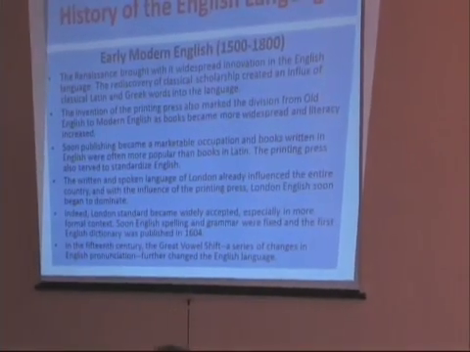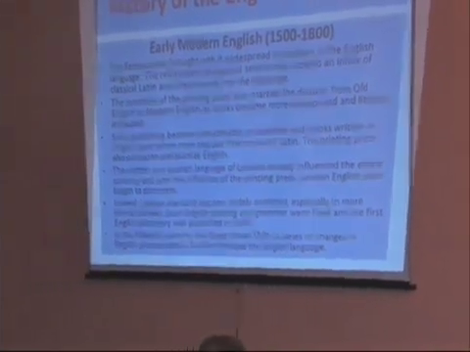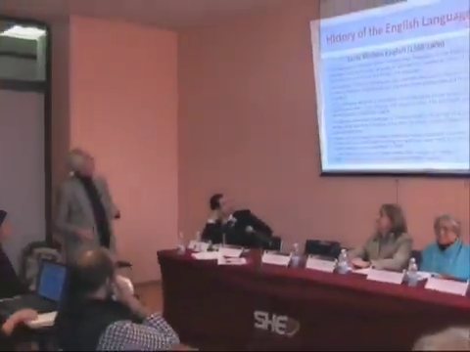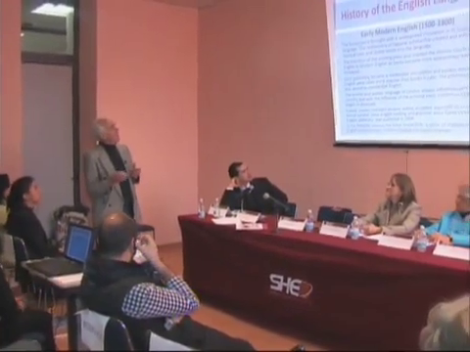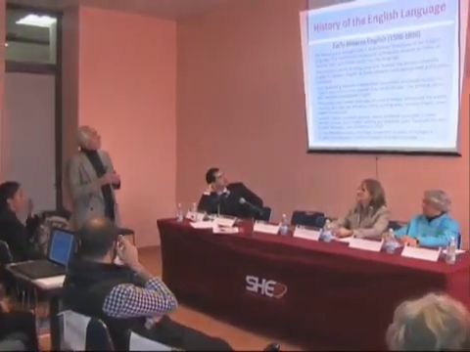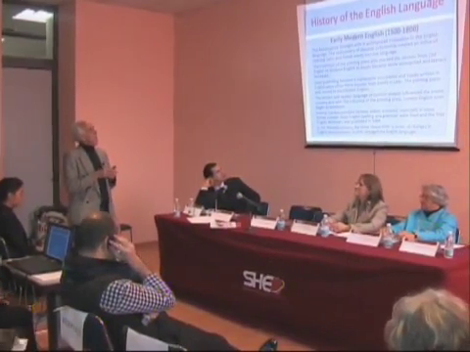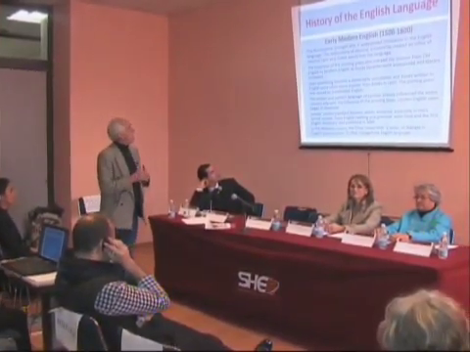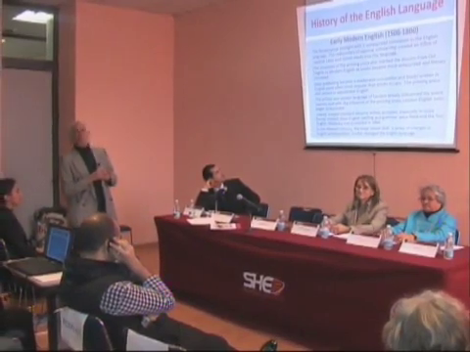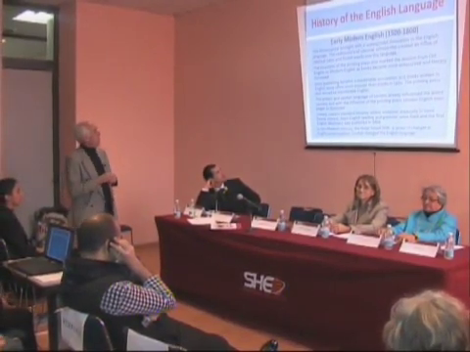Okay, here we go to Early Modern English, from 1500 to 1800. As you see, the Renaissance brought with it widespread innovation in the English language. The rediscovery of classical scholarship created an influx of classical Latin and Greek words into the language at this time.